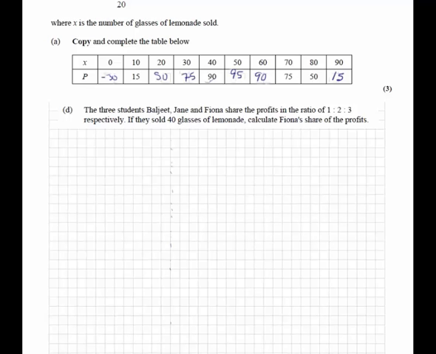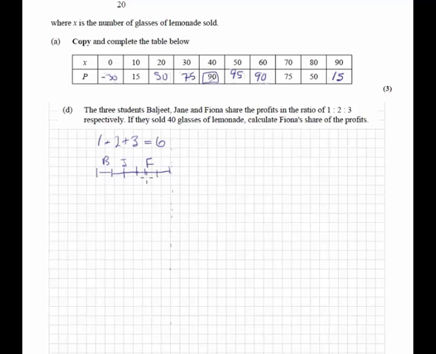So here we go. If they shared in a ratio of 1 to 2 to 3, well, 1 plus 2 plus 3 is 6. So the money, this 90 francs, was divided into 6 parts. Okay, you can think about it. 1 part goes to Brigitte, 2 parts go to Jane, and 3 parts go to Fiona.